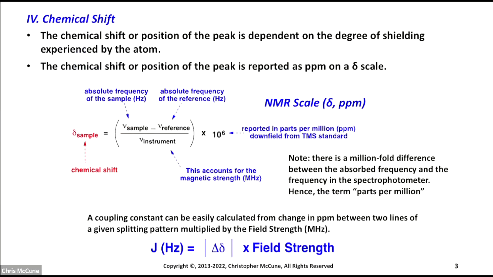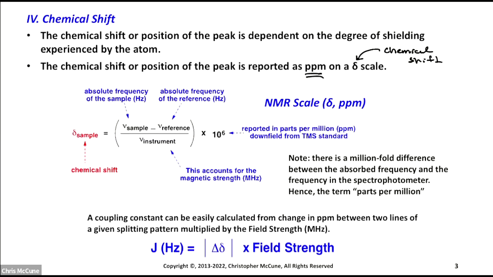The chemical shift, or position of the peak, is reported on a ppm scale. The symbol delta means chemical shift, and this is the symbol we use for chemical shift. We're going to be on a ppm scale, which is parts per million.